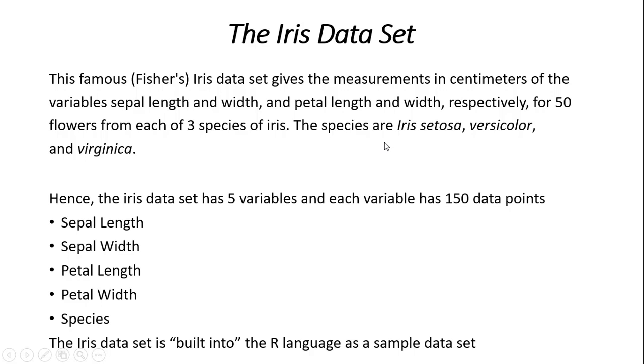The species are the iris setosa, versicolor, and virginica. So you can see here is our list of the 5 variables. There are 150 data points for each. These first 4 we would call numerical variables, and the species variable is a categorical variable. And again, this data set is built into the R language as a sample data set.